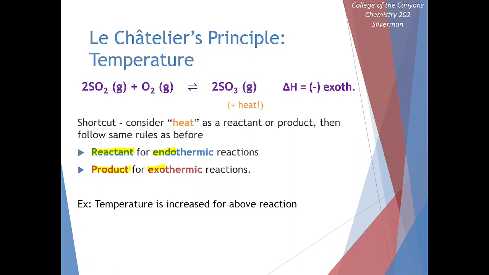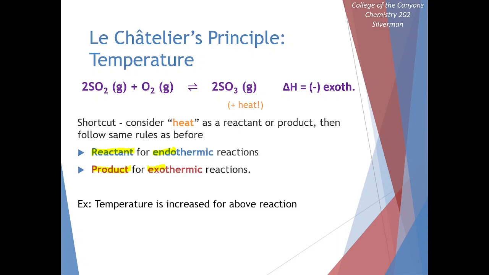If we're thinking about it that way, we can go back to what we were doing for just chemicals. If you add a reactant or remove a reactant, a reaction will shift to counteract that. If you add a product or remove a product, our reaction can shift to counteract that. Once again, this is just a shortcut for heat. That's not actually what's happening, but it does give you the correct answer.